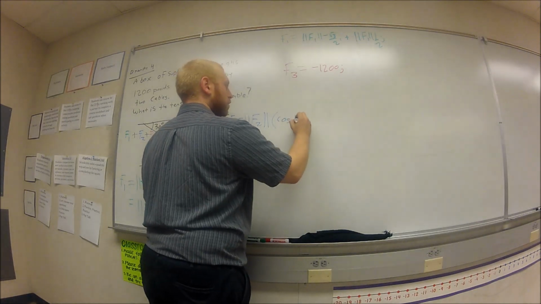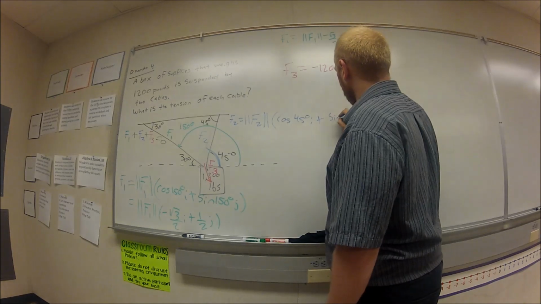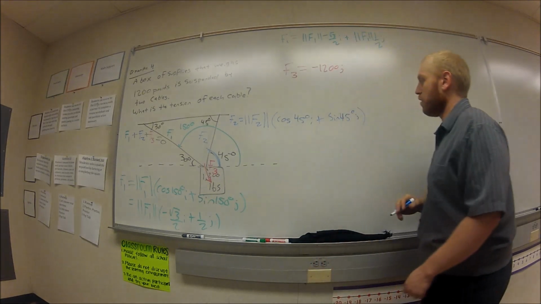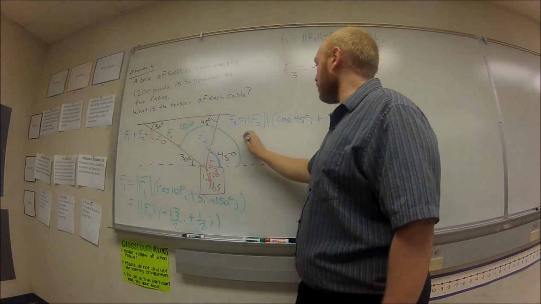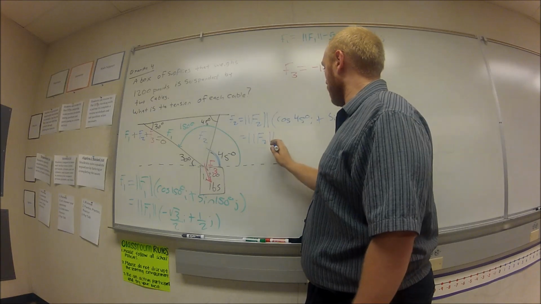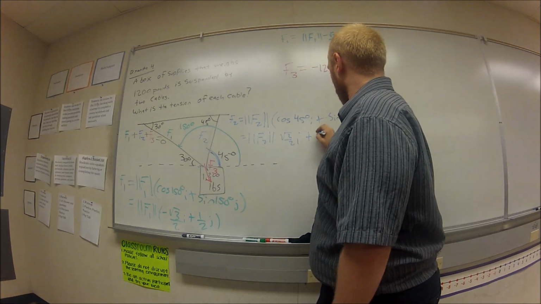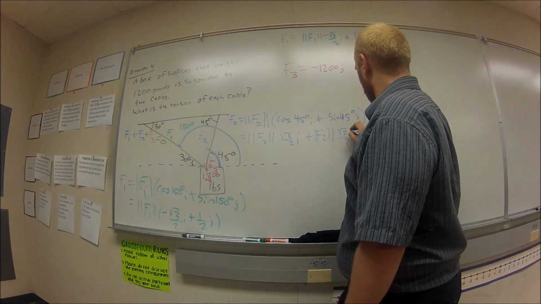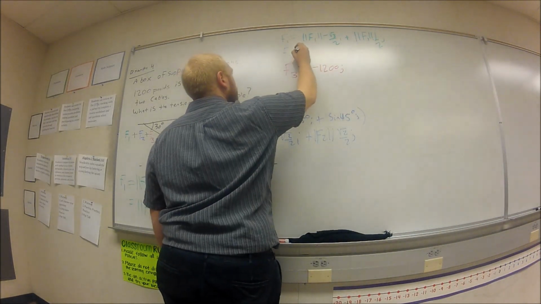So cosine 45 degrees I, plus sine 45 degrees J. Then simplify and distribute, and that's what I'm going to put back up here for F2.